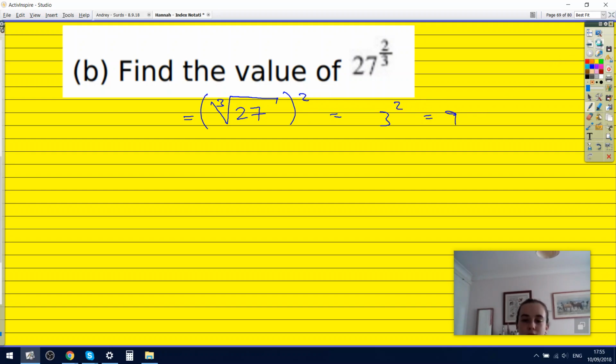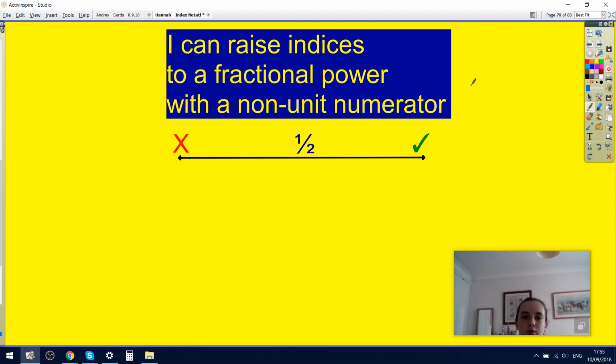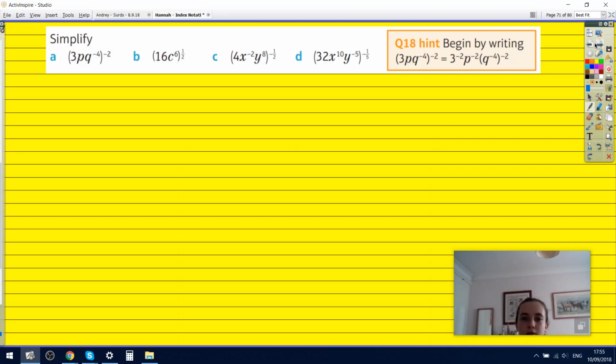That's it. I can raise indices to a fractional power with a non-unit numerator. Tick. And I think I introduced one of those too soon. But anyway, oh, crazy town.